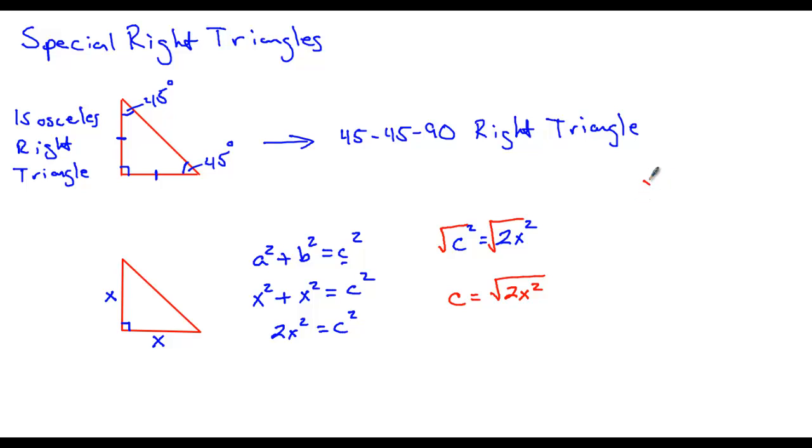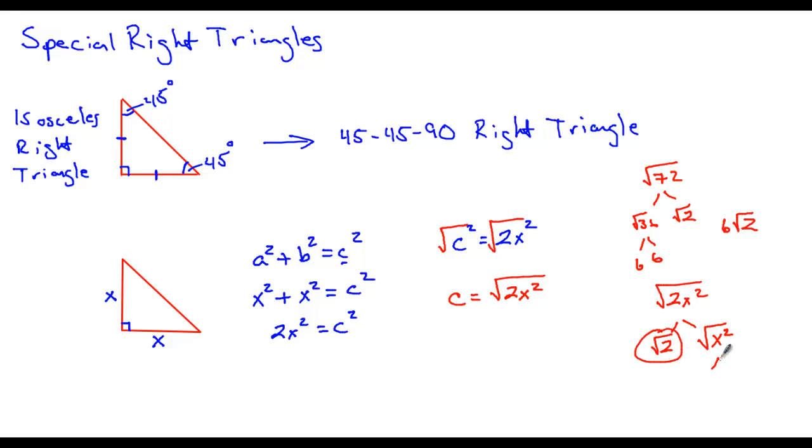Just like the square root of 72 is the square root of 36 times the square root of 2, which gives us 6 square roots of 2, we're going to do the same thing with this. I can't simplify the square root of 2, so that stays as it is, but the square root of x squared is just x.